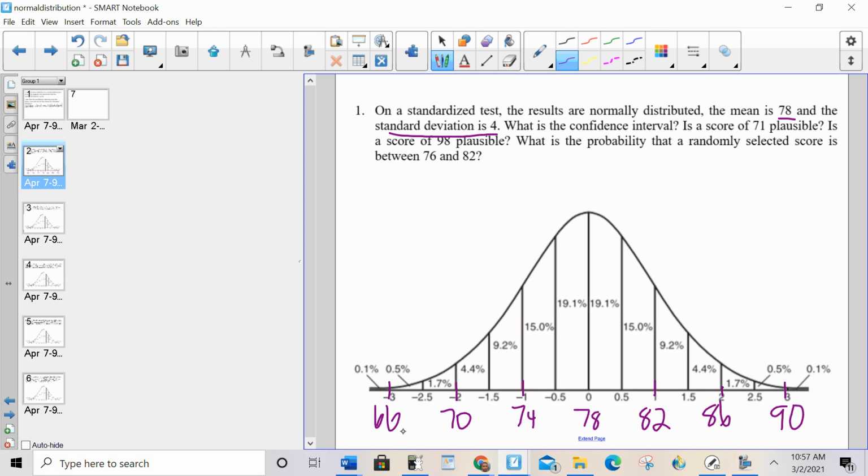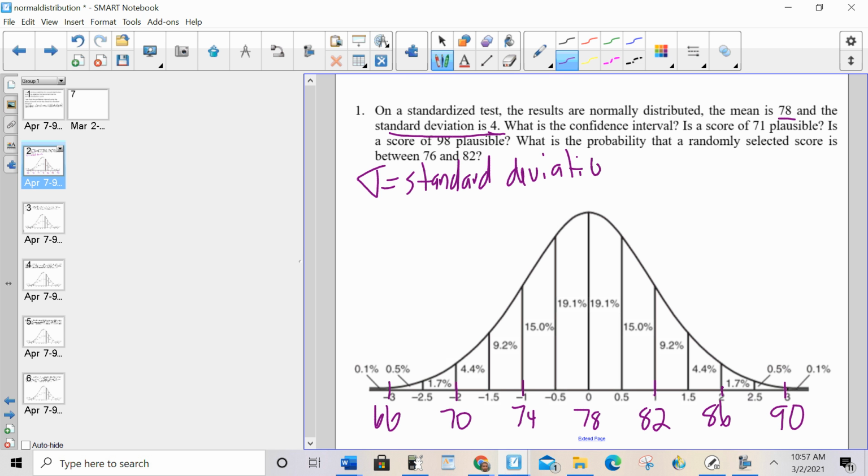Now, if I want to fill in the halves, then I can just cut the standard deviation in half. If the standard deviation is 4, and the symbol for standard deviation is a sigma, that's your symbol for standard deviation, so we're going to be using that just to make our life a little bit easier.